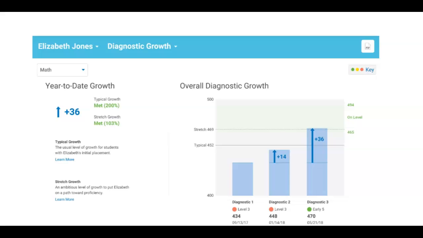The same thing goes for the information about the stretch growth. iReady's data collection helps them determine a stretch growth number for each child based on how they perform on their first diagnostic, taking into consideration whether they are on grade level, approaching grade level, or well below grade level.